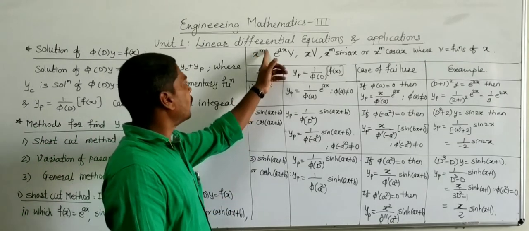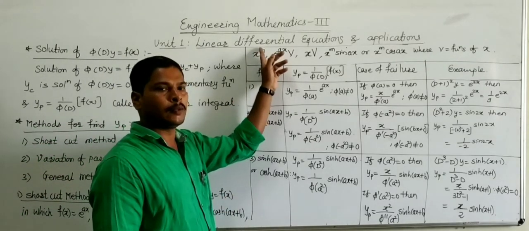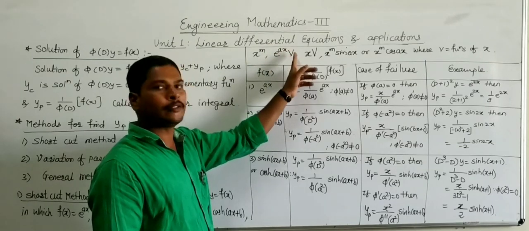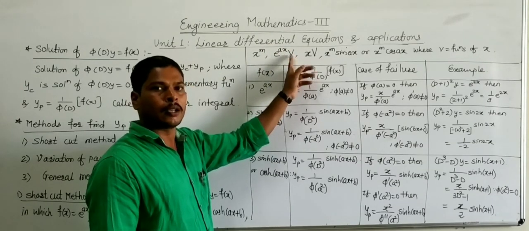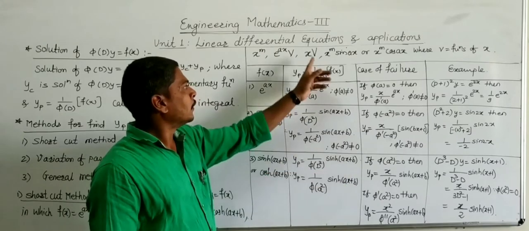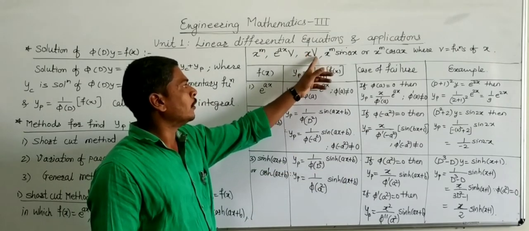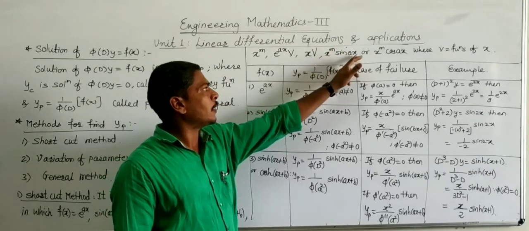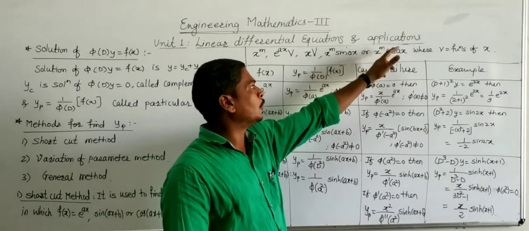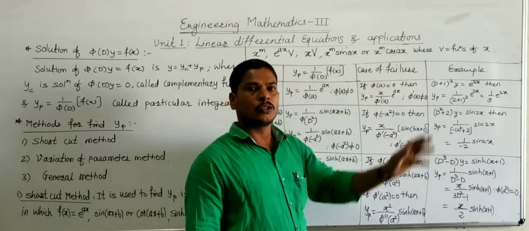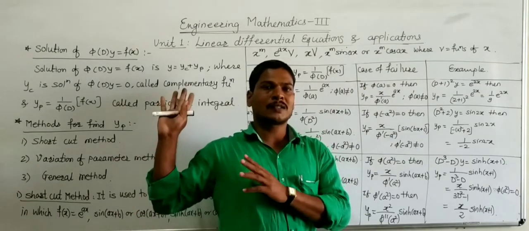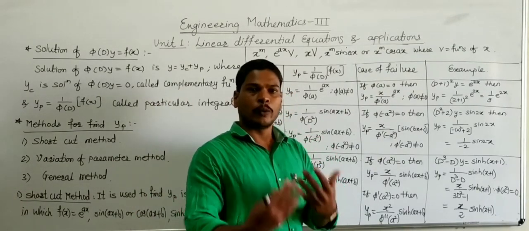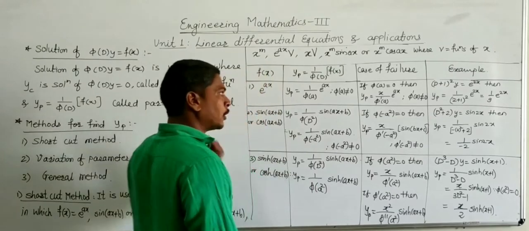Another form is a power function of x, x raised to m. Next form is the exponential function e raised to ax into V. Here V is any function of x. Next form is x into V, where V is any function of x, and x raised to m into sin ax or x raised to m into cos ax. So these are the standard seven functions in which we can apply our shortcut method.